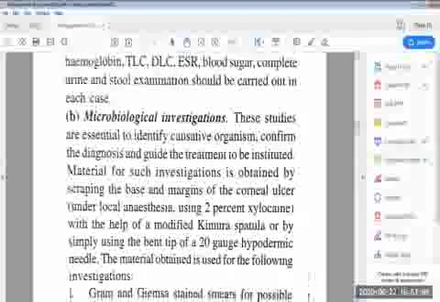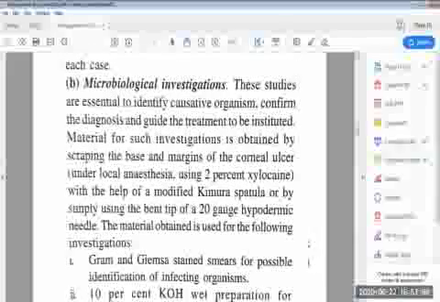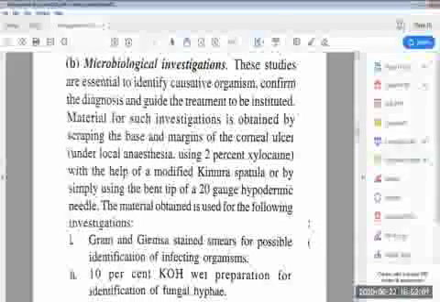Then the microbiological investigations should be done. These studies are essential to identify the causative organism, confirm the diagnosis, and guide the treatment to be instituted.